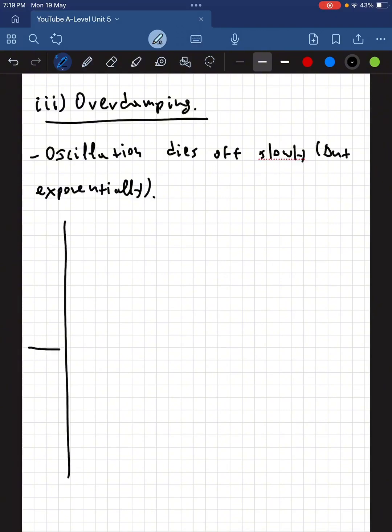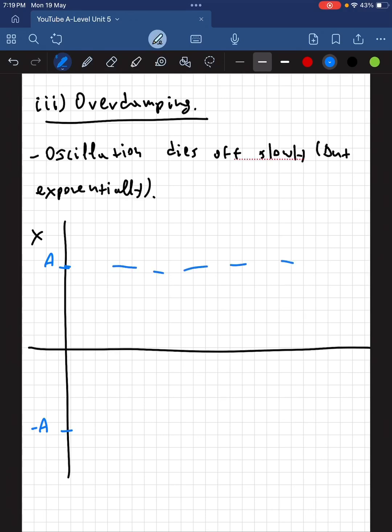So again, if we plot this, and by now I hope you got the idea. This is the amplitude, and this is the original motion before damping. So the original motion looks like this. Then overdamping will look like this.